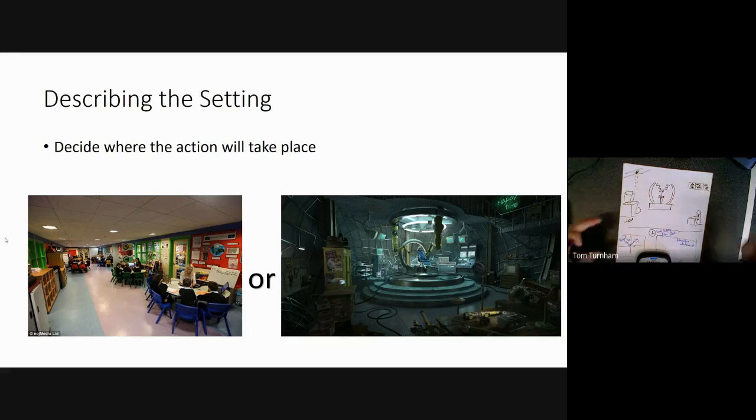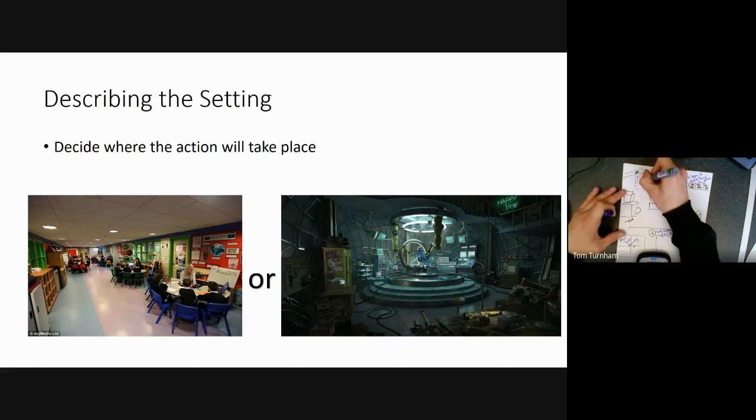So I'm going to start labeling that. I've got light trying to break through the grime. I've got dripping water. I've got scurrying rats.